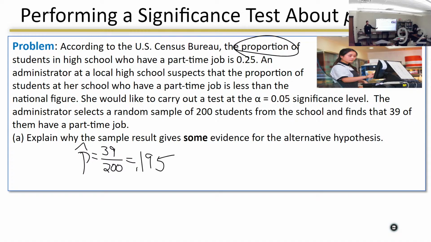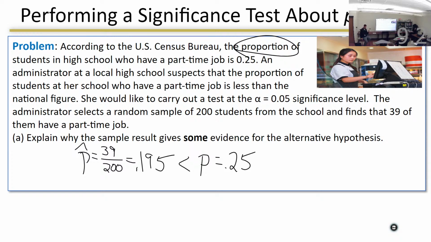That's my sample. That's p hat, which is less than p of 0.25. You cannot prove that it's less than if your p hat is more than. If my p hat was greater than 0.25, there is no way for me to prove it's less than 0.25.